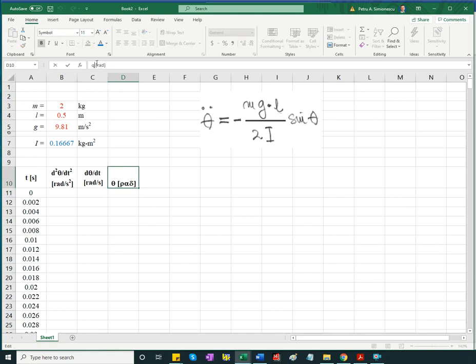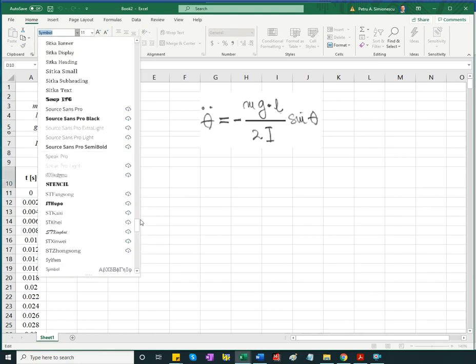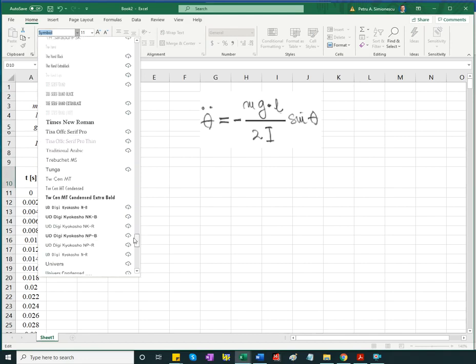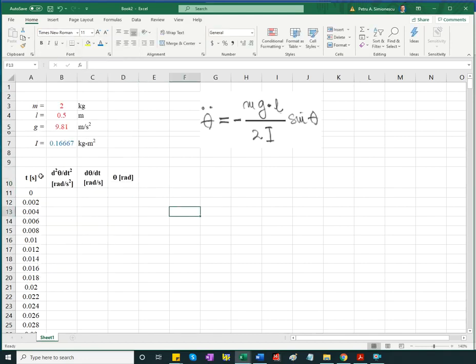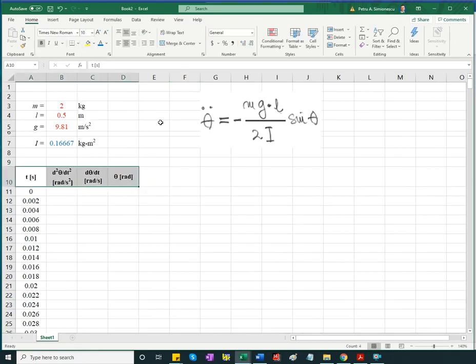Okay, of course I need to return to the Times font, and it looks like the boldface. Okay, let's make it just 10. All right, so this is the header.